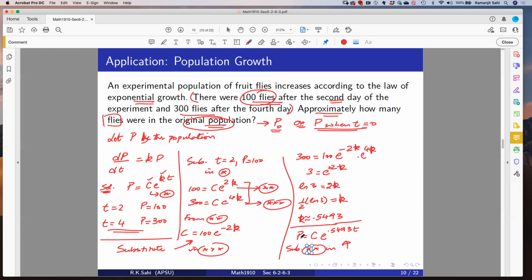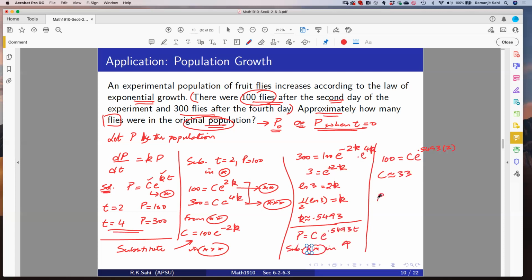Now, what are we going to get? P is 100 when time is 2. I'm going to be very careful now. So doing the math, my C comes out to be approximately 33.